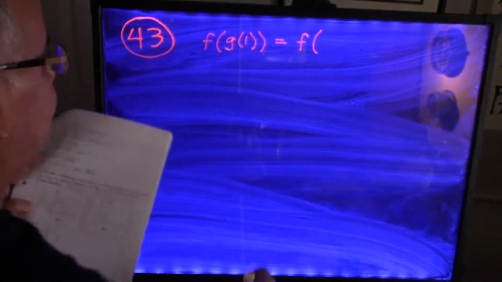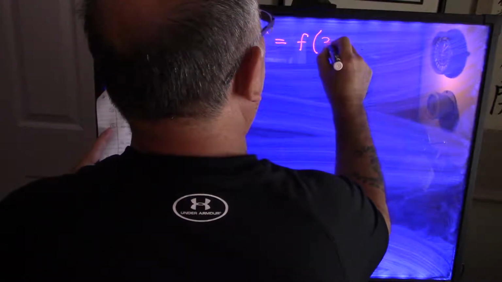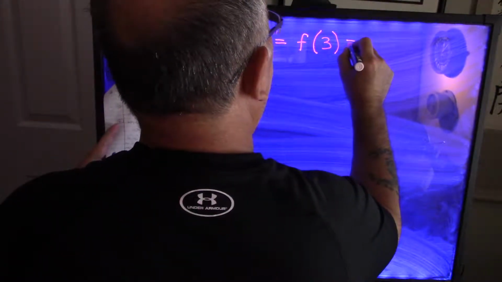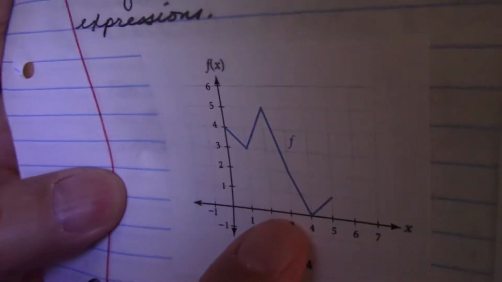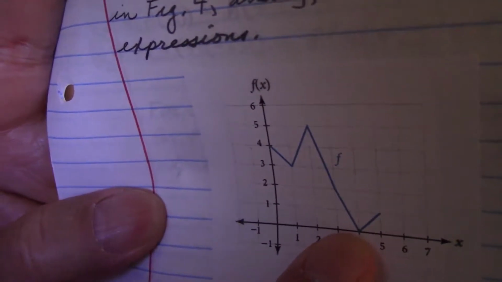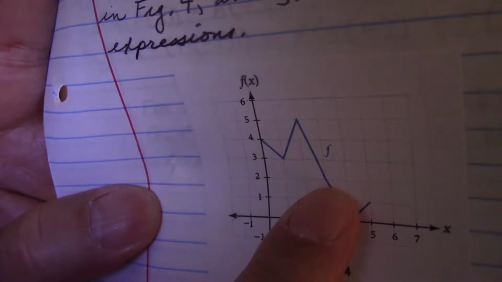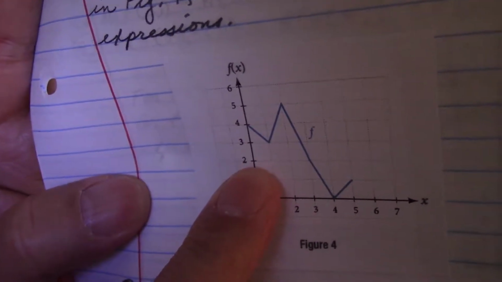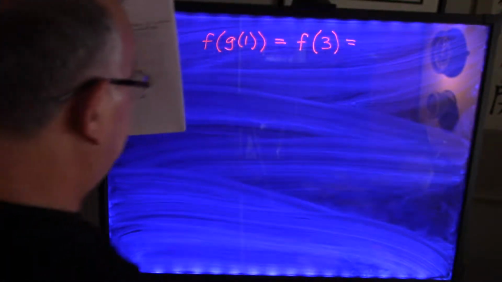Alright, so that's f of 3. And so for f of 3, there's x equals 3, right there, and then f of 3 equals 2. Alright? So that's 2.